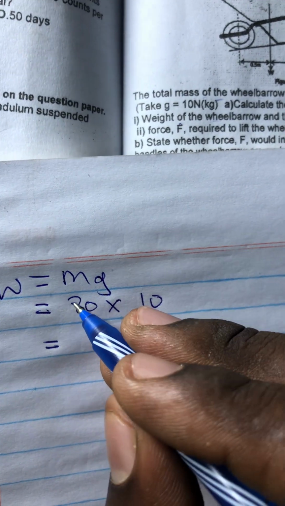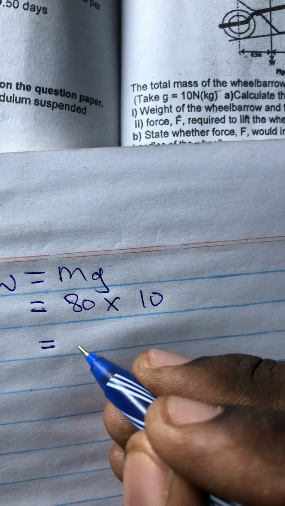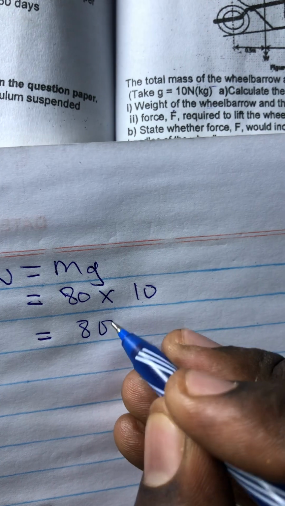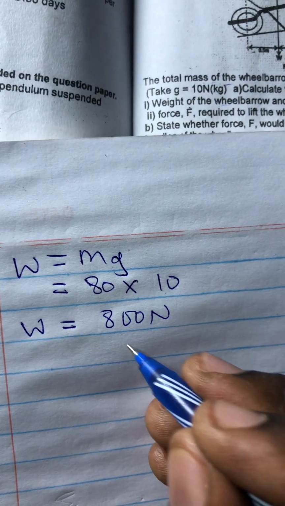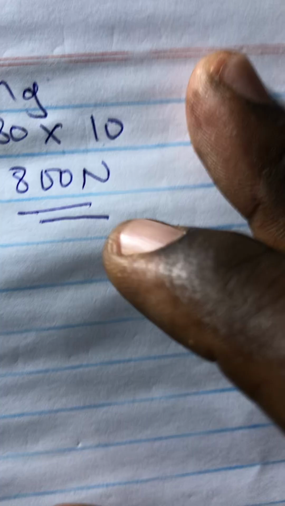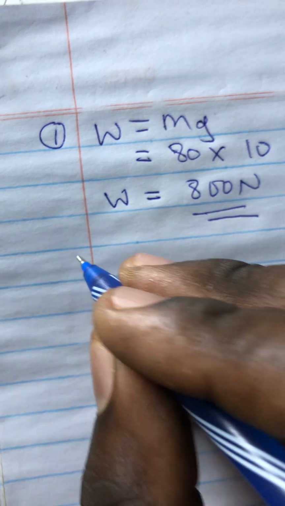When you multiply that, you're going to have 800 newtons. So this is the weight of the wheelbarrow and the load.